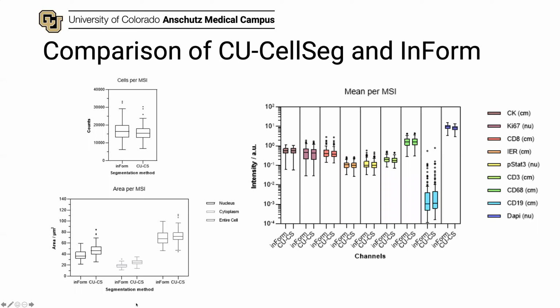We get similar areas for the nuclear, cytoplasmic, and entire cell. We also get very similar staining intensities for various markers in this panel. So this tells us that we're on the right track. At least it's comparable to Inform in terms of analysis, which is really what we were after, to generate something that's comparable to our other workflows.